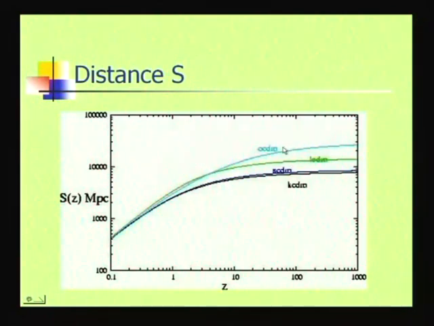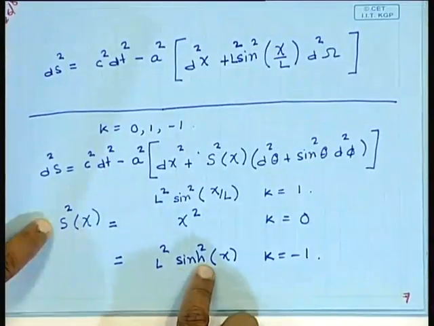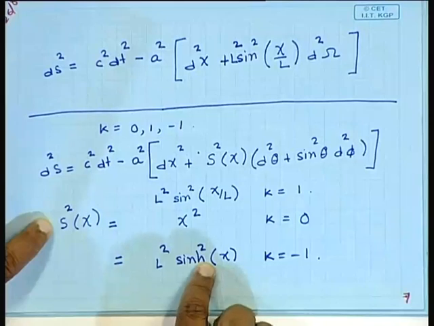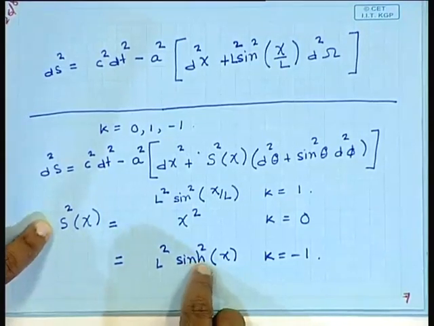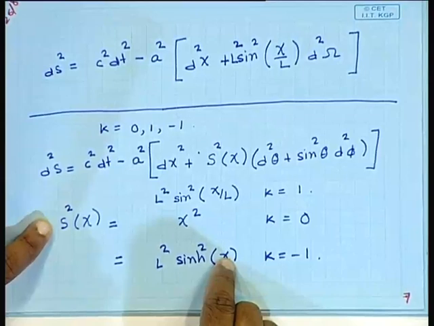One of the reasons why the OCDM model has the highest value is that with increasing chi, so with increasing look back time, chi is roughly equivalent to the look back time, because it is eta minus the difference in the conformal times, S increases as sine hyperbolic. Sine hyperbolic is exponential, right.